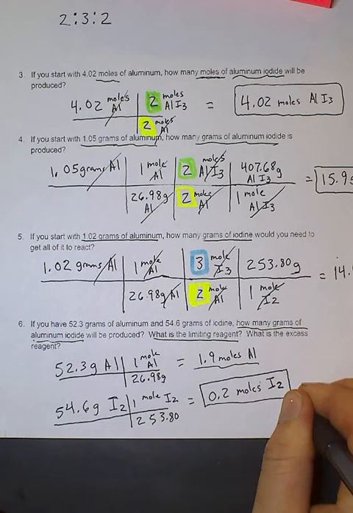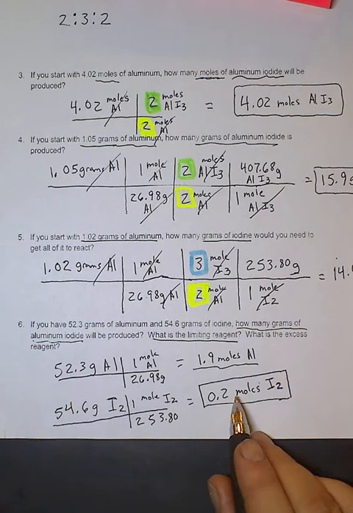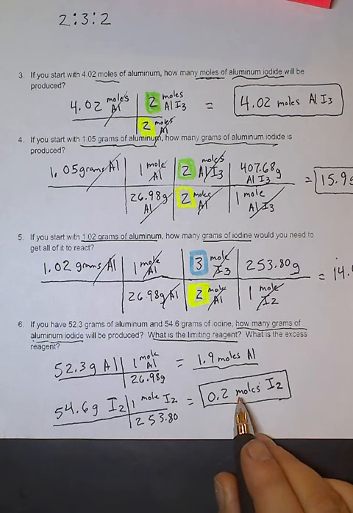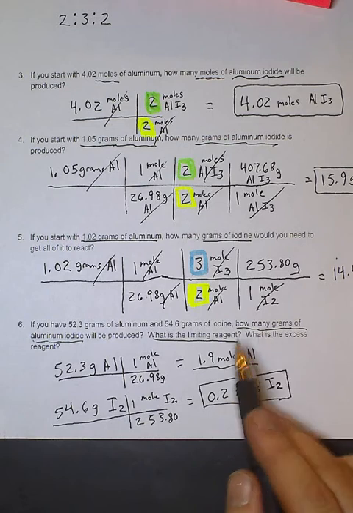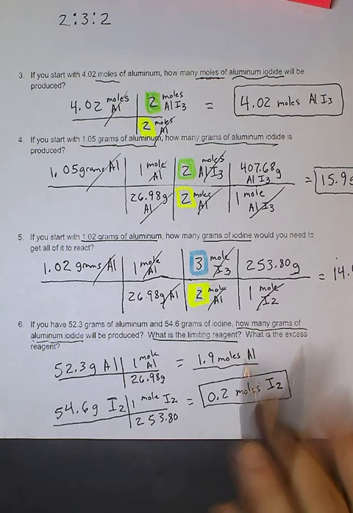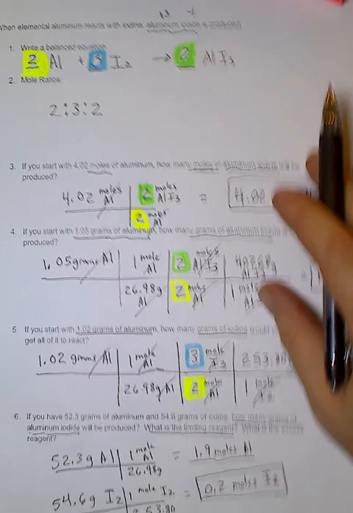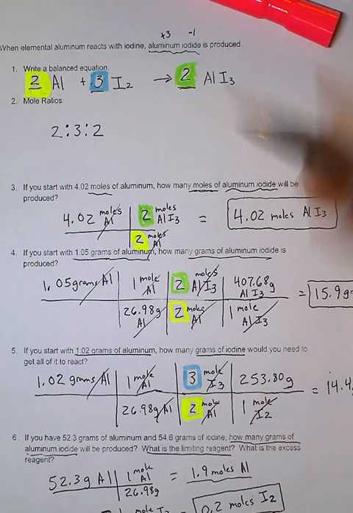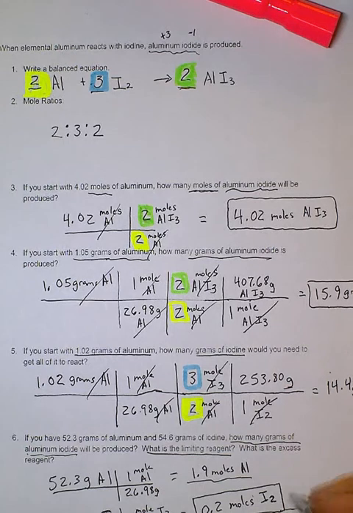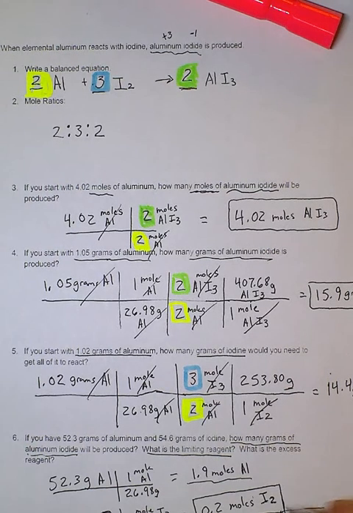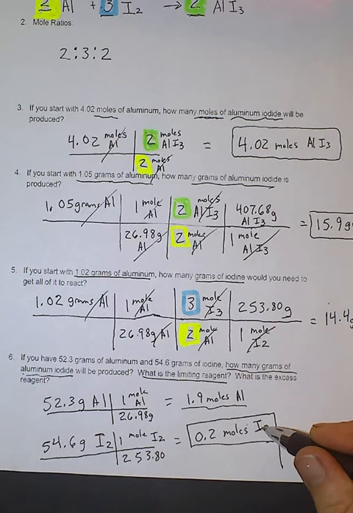Now I want you guys to take this number, and we want to figure out how many moles of aluminum iodide we're going to make. Our new ratio is 3 to 2. So we're going to take that answer, set up your box. If this is moles of I2, that means 3 should be here, and 2 should be up here. 3, 2.